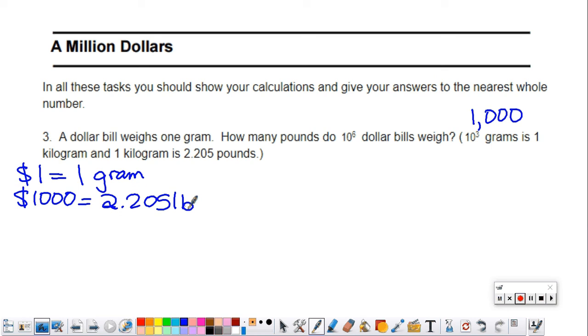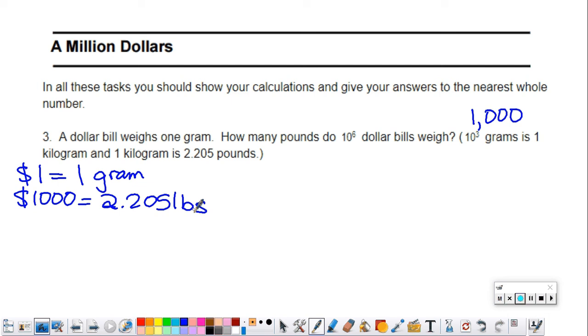Okay, so what do I do now? Divide 1,000,000 by 1,000. Why? There you go.